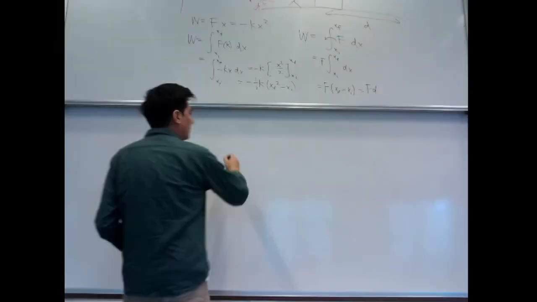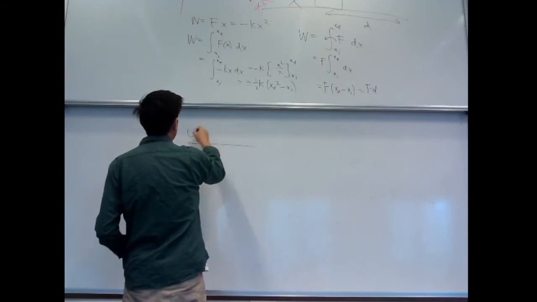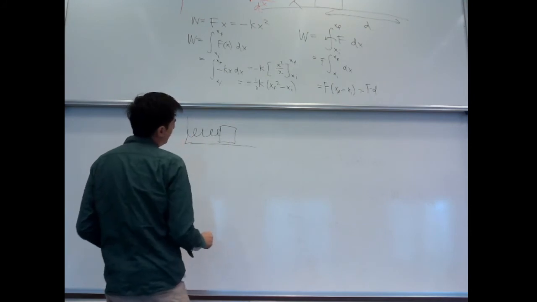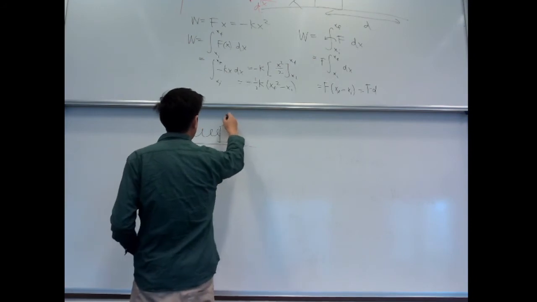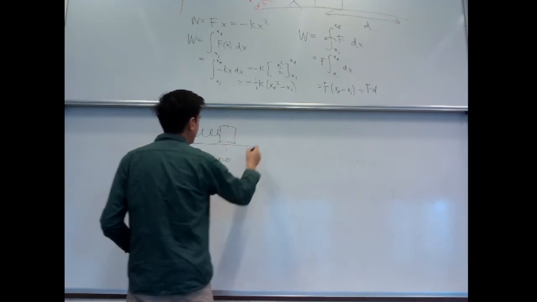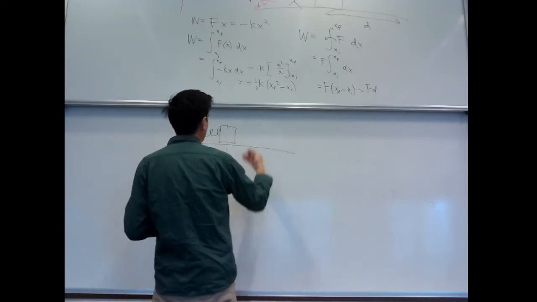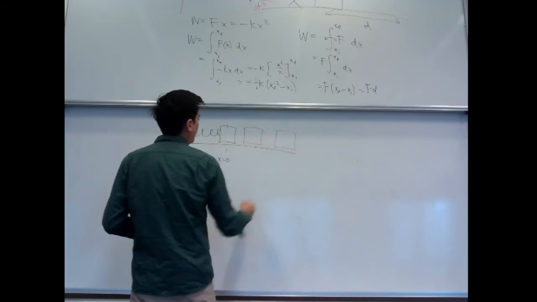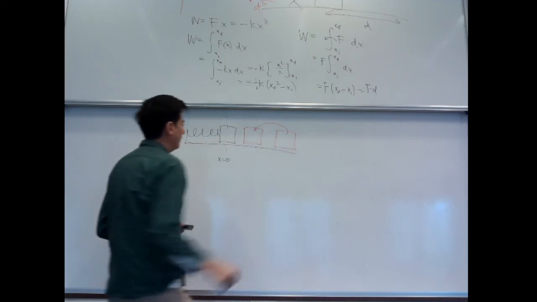Let's visualize it a bit here. Let's say that this is the relaxed position, so that's x equals 0. Say it's going to go from here to here, okay?